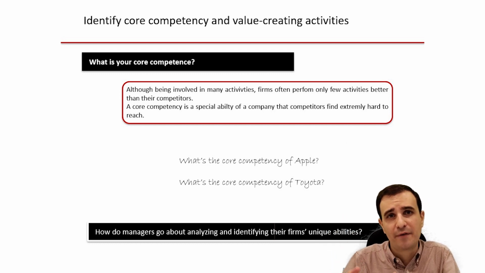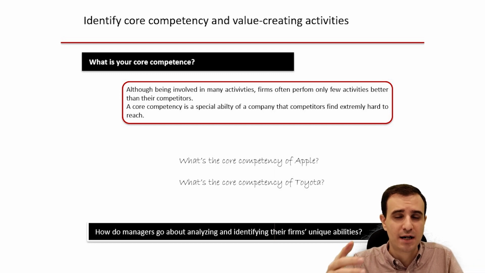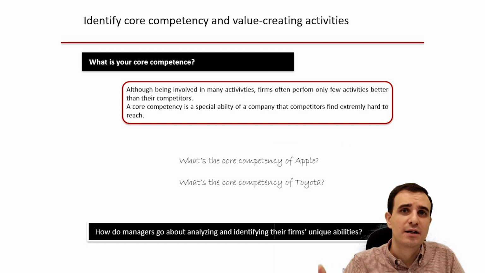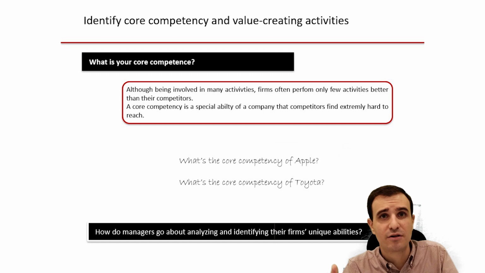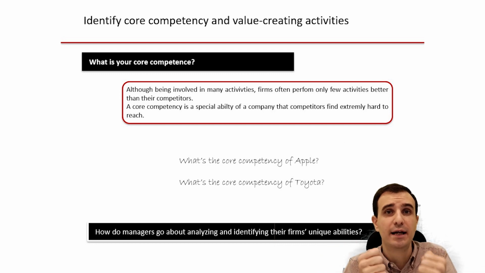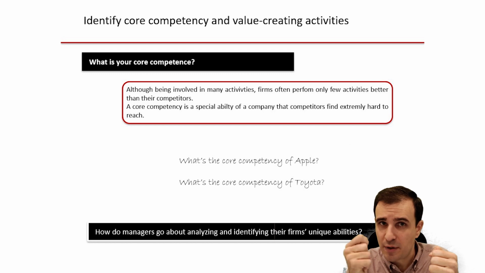Let's take the example of Apple. The core competence of Apple originally was in technology, was in innovation, was in R&D. And that eventually evolved to become a core competence also in marketing, branding. And now we might have some challenging time if we need to pick one.